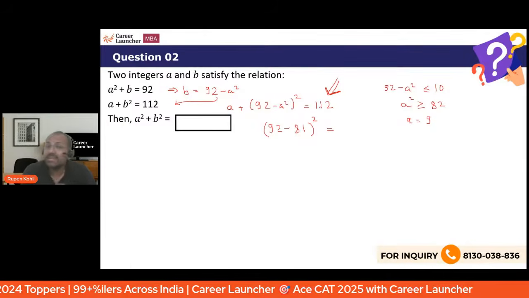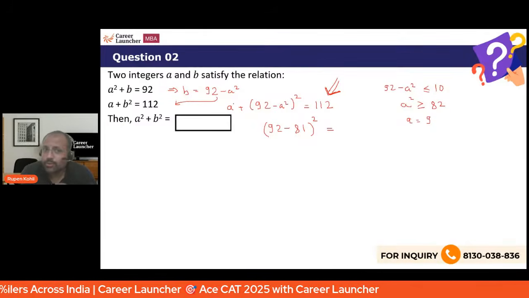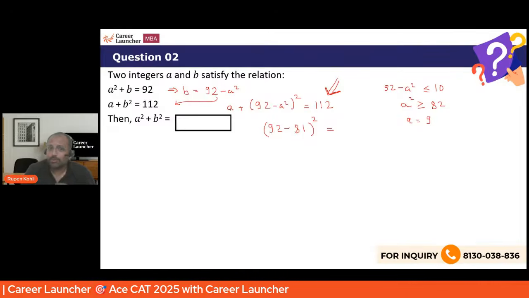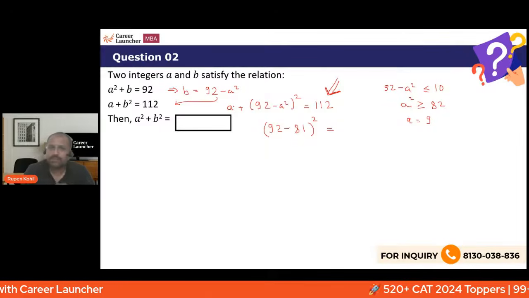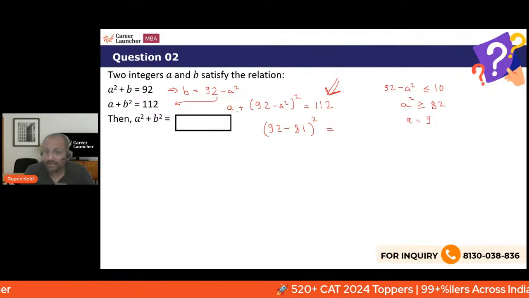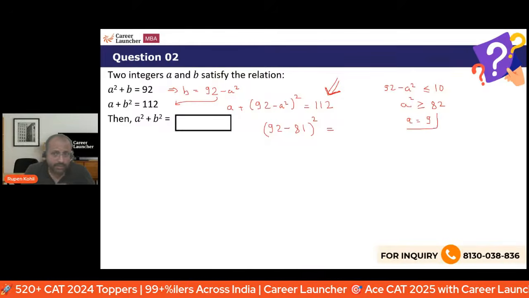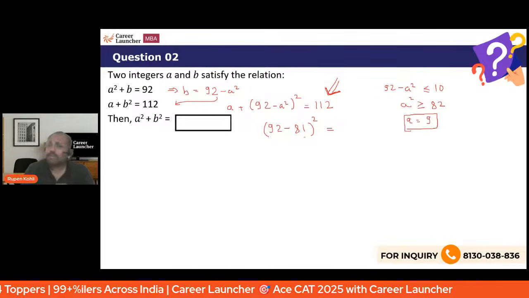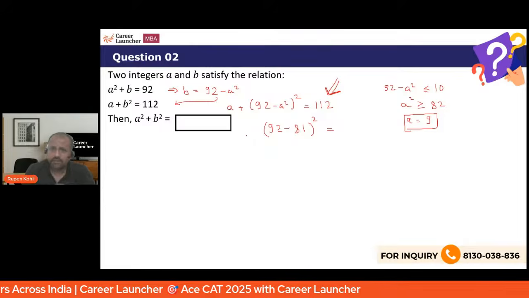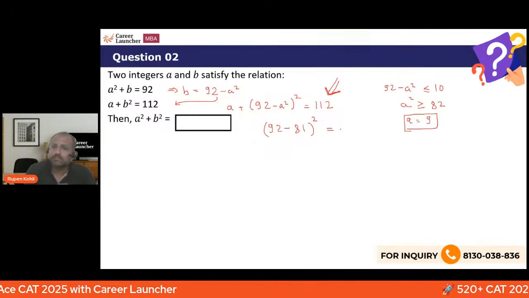Who says that a needs to be positive? Who says that this term cannot be negative? So there's a very beautiful solution here. A hit and trial approach is definitely required, and putting a equal to 9 is not possible, because this is already 121 plus 9 would be 130.